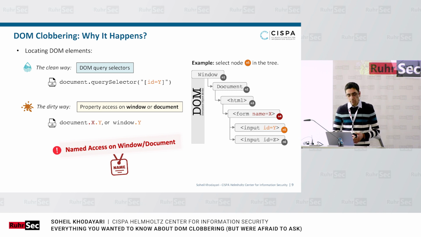So we have an HTML document that contains a form with name X, and then two children: input with ID Y and input with ID Z. And let's say the developer wants to select the node N5 in this DOM tree.